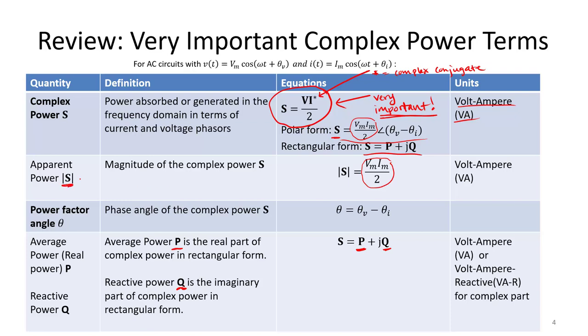That's known as the apparent power. And finally, we get this power factor angle, which is the phase angle of the complex power. So in today's video, we'll take a closer look at the physical significance of each of these terms. Please keep these equations very handy because you're going to need them in the rest of the course.